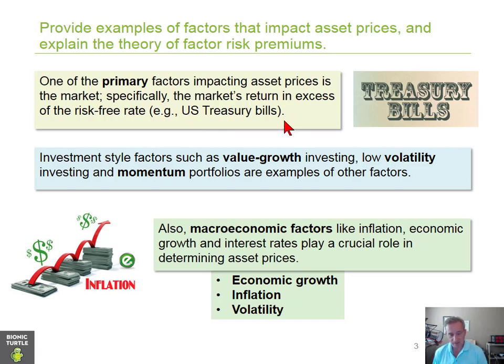That is the excess market return. I sometimes fall into calling this the equity risk premium, ERP, and you'll sometimes also hear it referred to as the market risk premium because the total market is much broader than just equities. But excess market return is a good example of a factor.